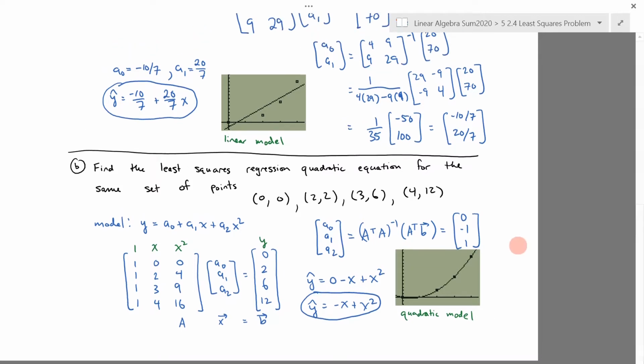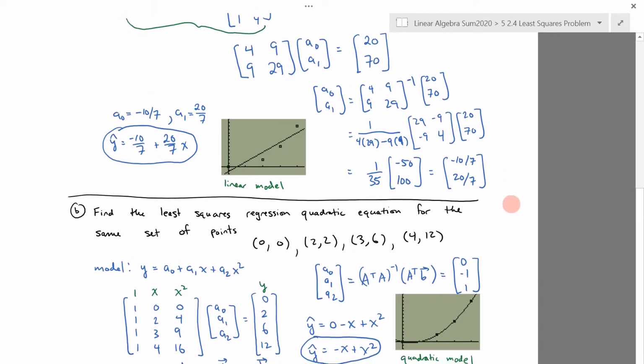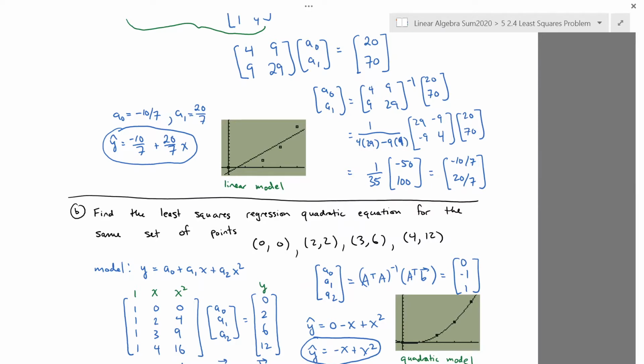In this instance, the quadratic model is better than the linear model. You can actually check, go back. Here we did it using the least squares method, but we see that in this case, our regression equation actually passes through all of the points.